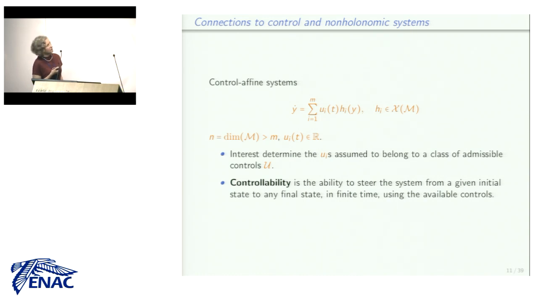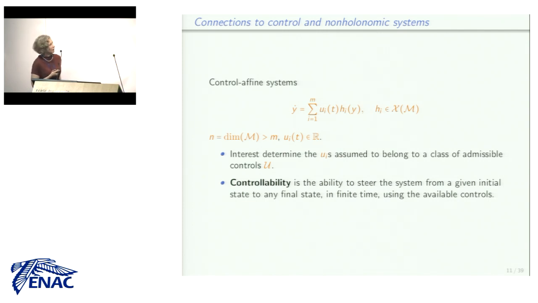So what is the interest? This is a very simple control problem. I don't have any drift vector field here, just to keep things simple. What is the problem one would like to address by looking at systems like this? It is how should I choose or determine the controls, assuming that they belong to a certain class of controls.